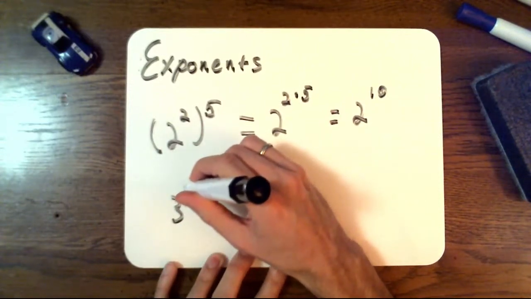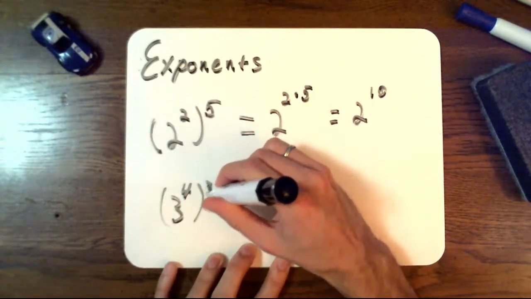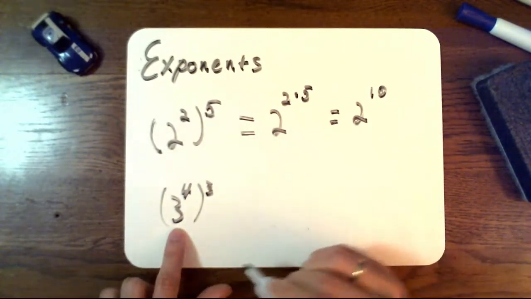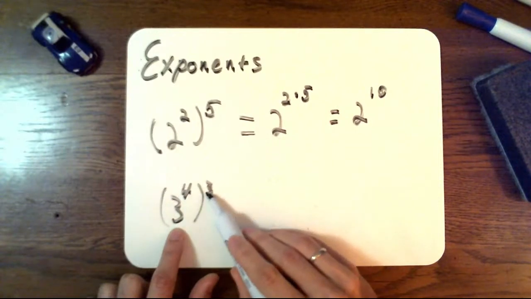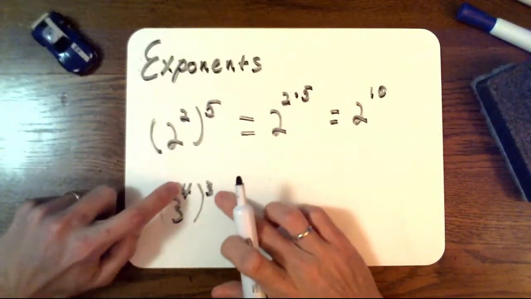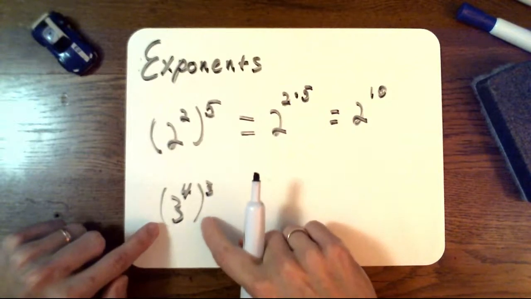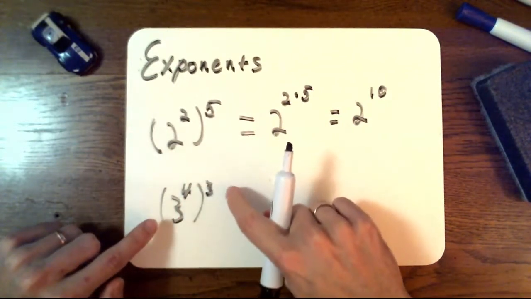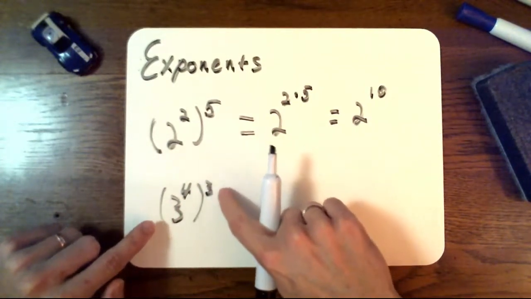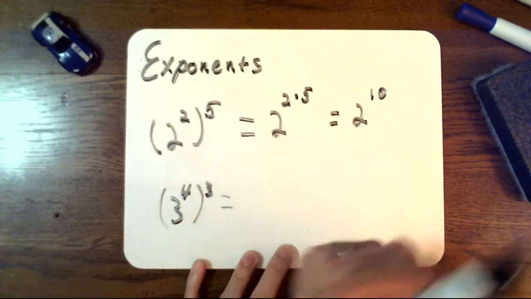Or 3 to the 4th, and 3. So this would not be 3 to the 7, because there's no extra base for this 3. You can only add exponents when they have the same base. But since we have an exponent on an exponent, what this is saying is we're really multiplying 3 to the 4th 3 times.